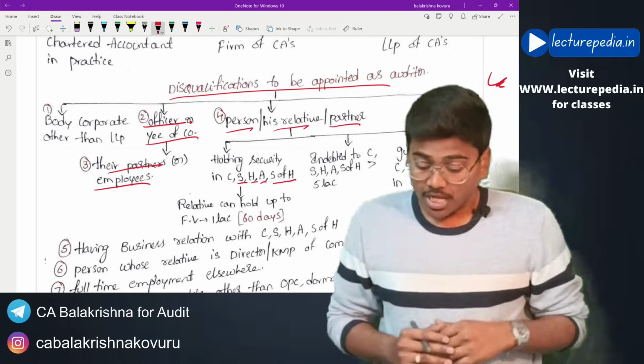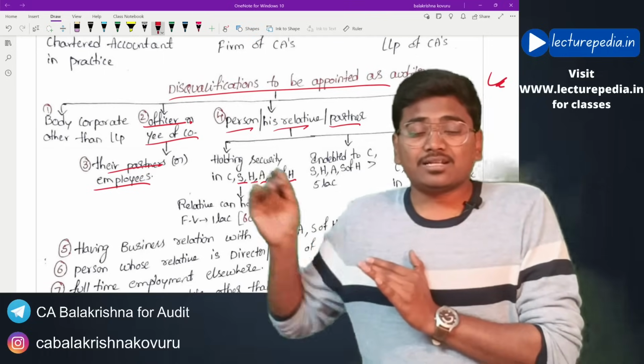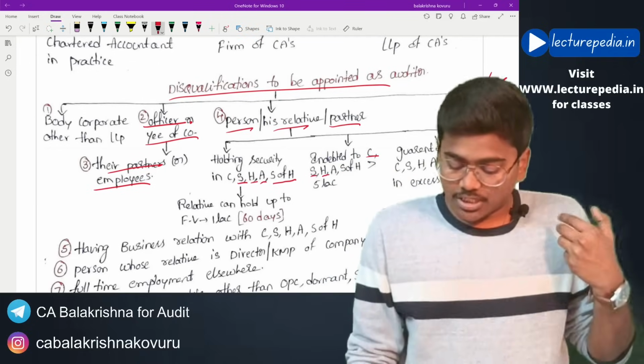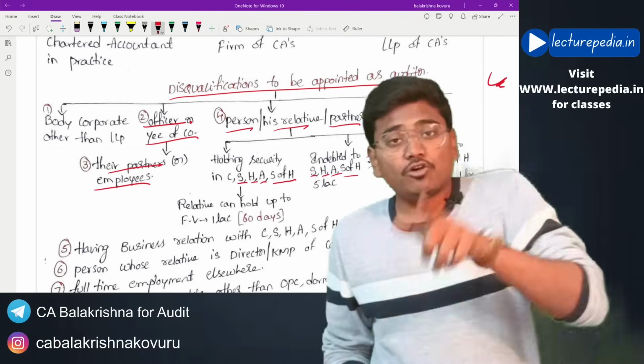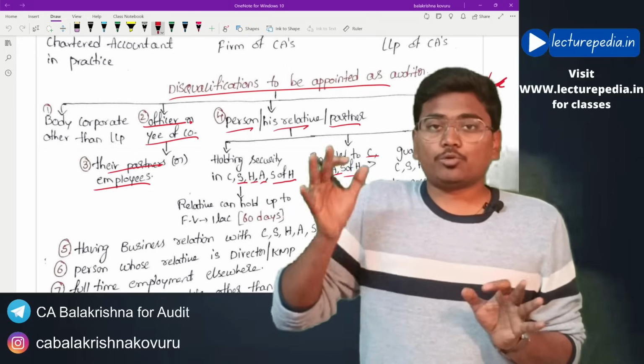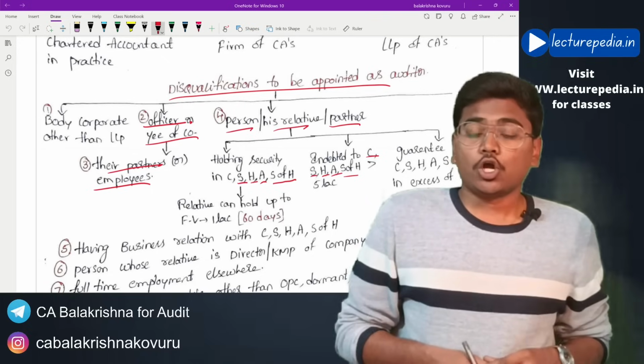Hope this is clear. And also, if a person, his relative or partner is indebted to the company or subsidiary, holding, associate or subsidiary of holding, for an amount exceeding 5 lakh rupees, even in that case, that person cannot be appointed as an auditor.